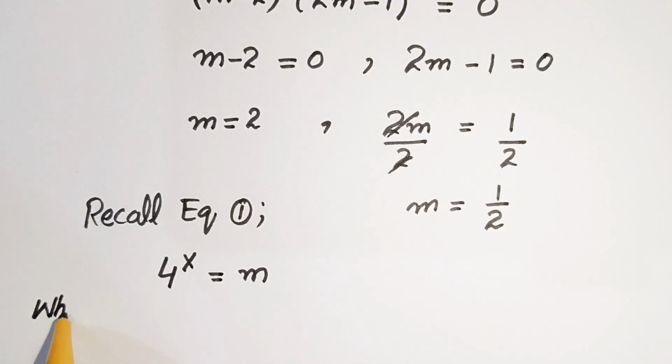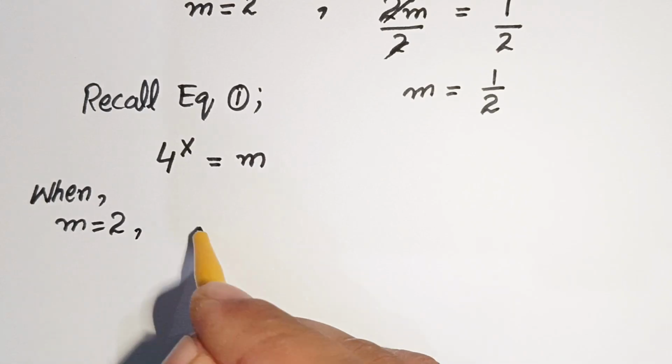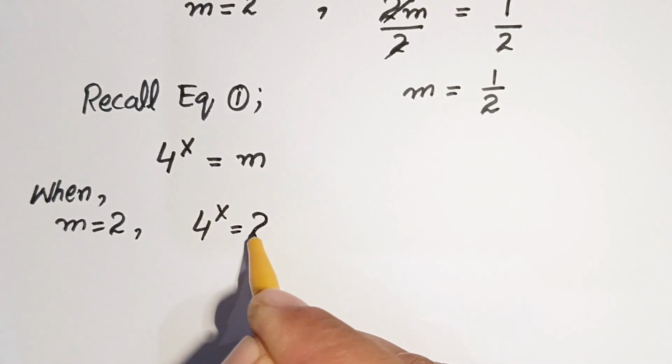So now recall equation number 1. When m is equal to 2, then equation number 1, 4 to the power x is equal to m, will be written as 4 to the power x is equal to 2.